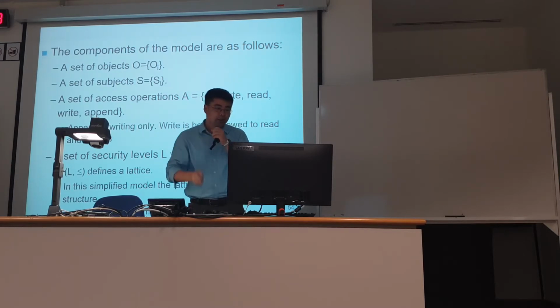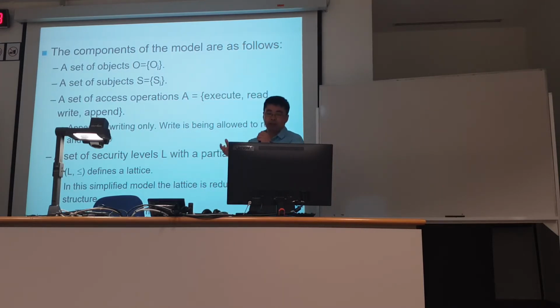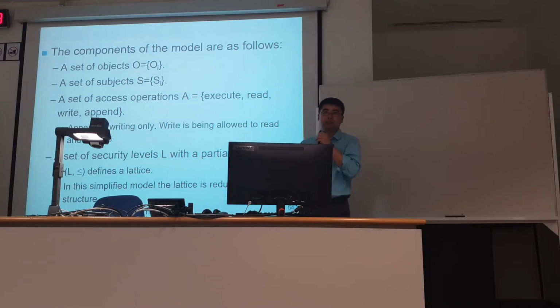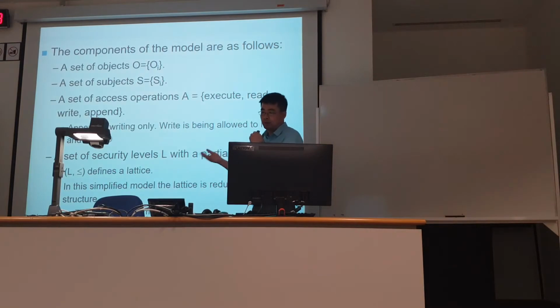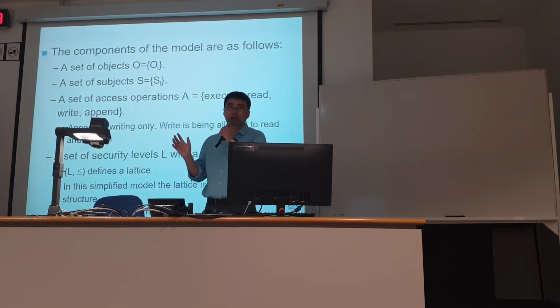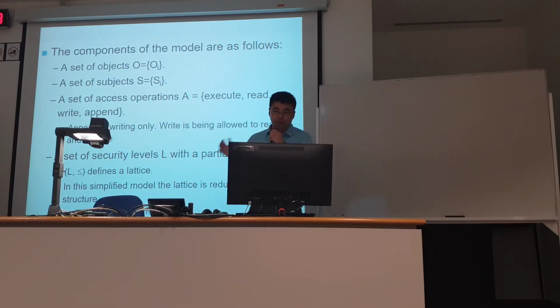You can say top secret is the highest and unclassified is the lowest, so you have a very clear order. Later, when we look at multi-dimension, we will revisit this order again, because in the multi-dimensional case the order is no longer that straightforward. But for the single dimension case, the order is relatively straightforward. We just have one column, not multiple columns.